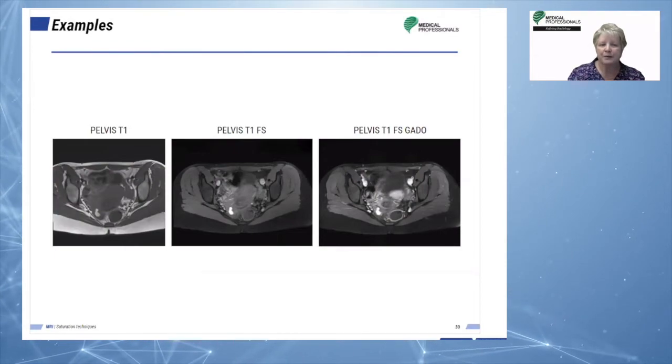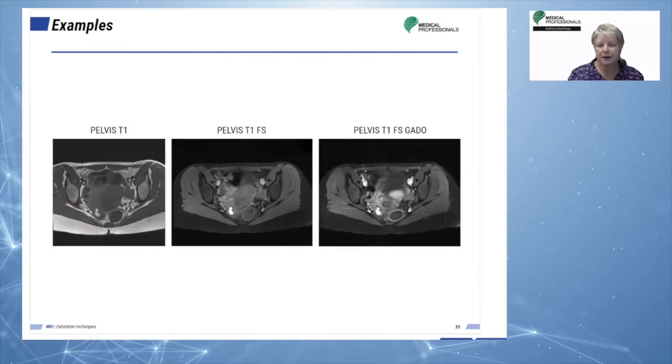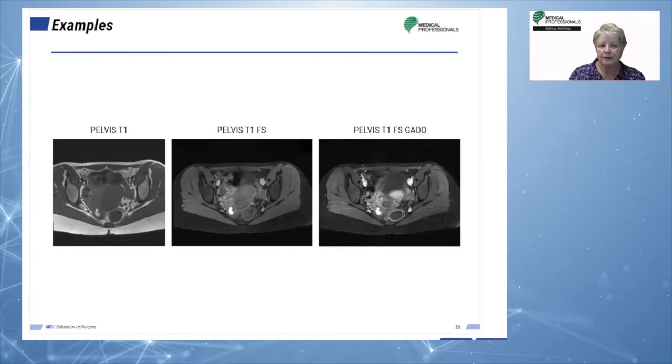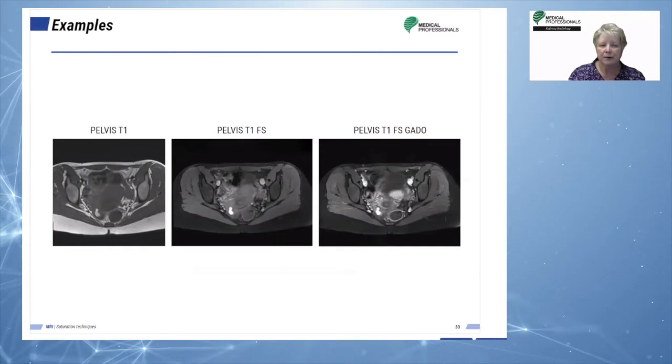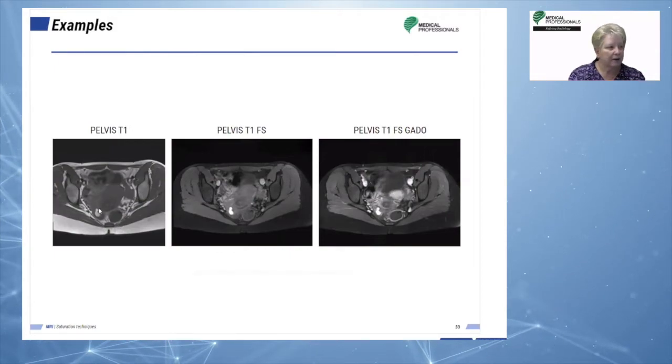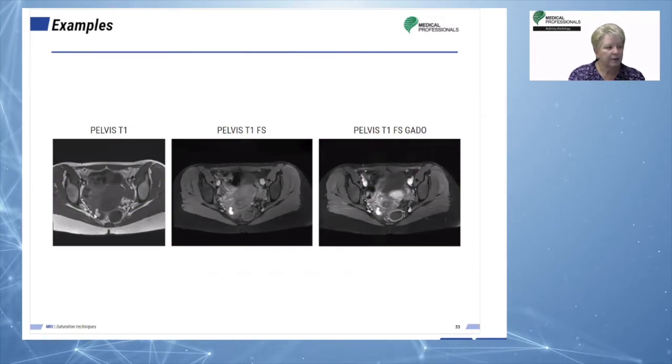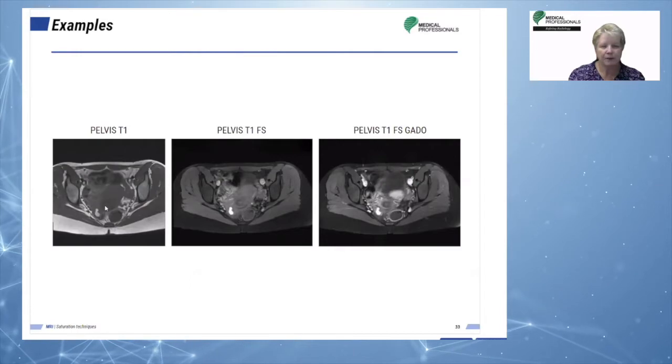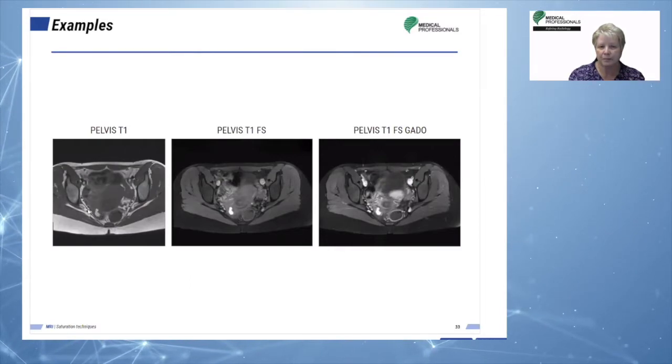In our examples here, we have an axial slice of the pelvis three different ways. The first image is T1 with spontaneous hypersignal to the right of the bladder. We can see that right here, down here on the bottom left of your image.